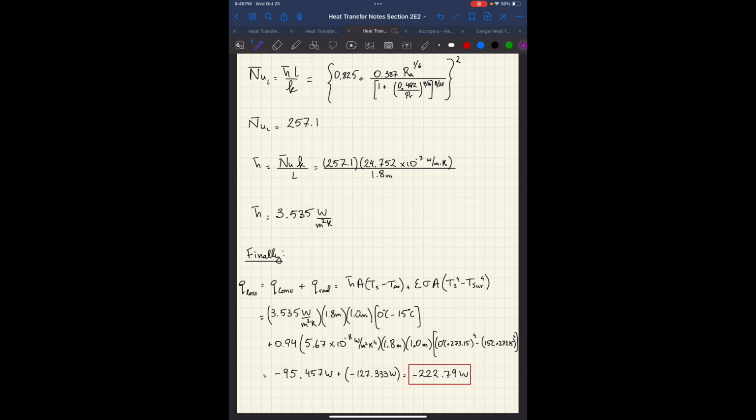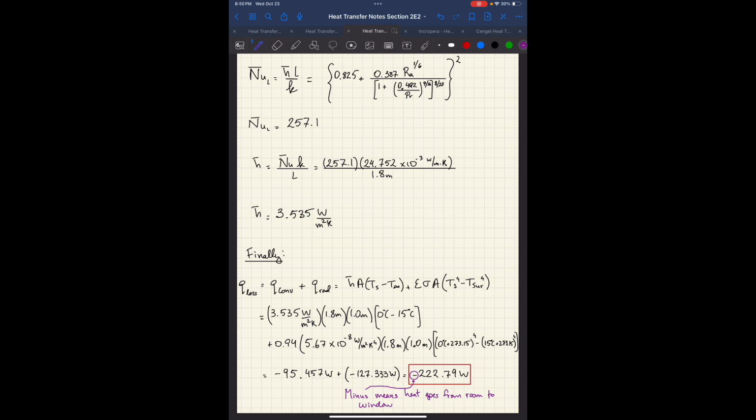Again, as a reminder, minus means heat goes from room to window. Okay, maybe I can make that a little bit better. Okay. Now we talk about the money.